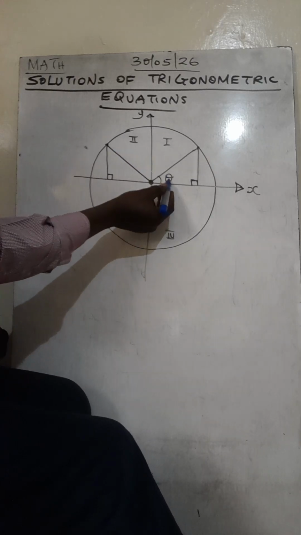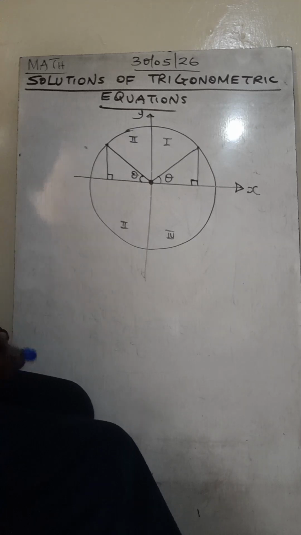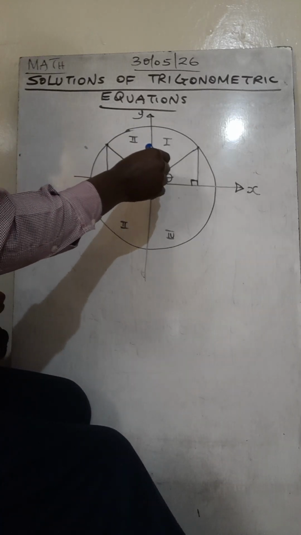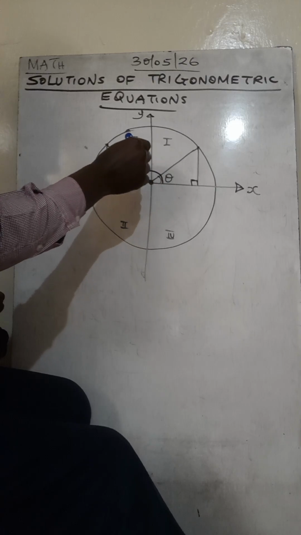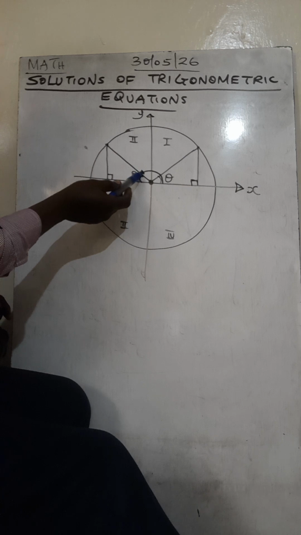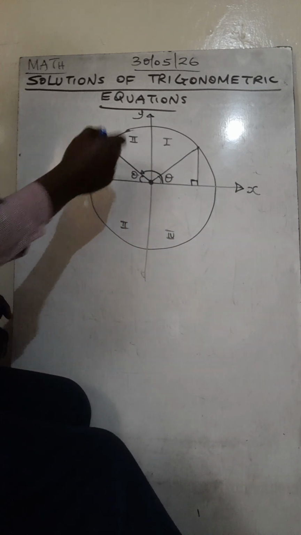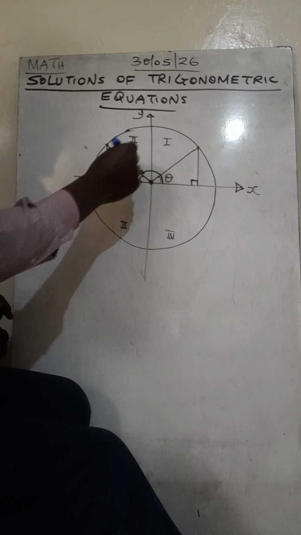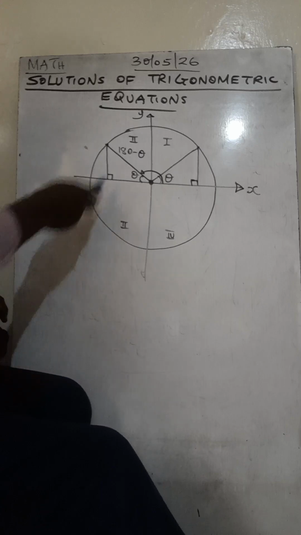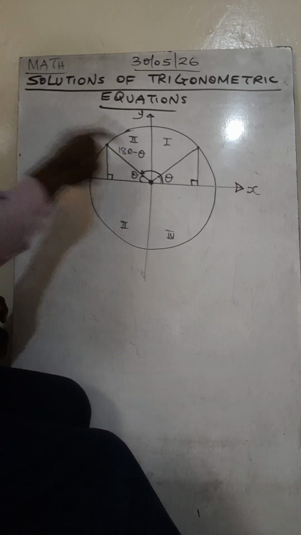Now, if we bring this similar angle here, the second possible value of the angle that satisfies that equation is going to be this angle from here up to here. And that value is found by angles on a straight line, that is 180 minus theta. So in the second quadrant, the value of the angle is going to be 180 minus theta.